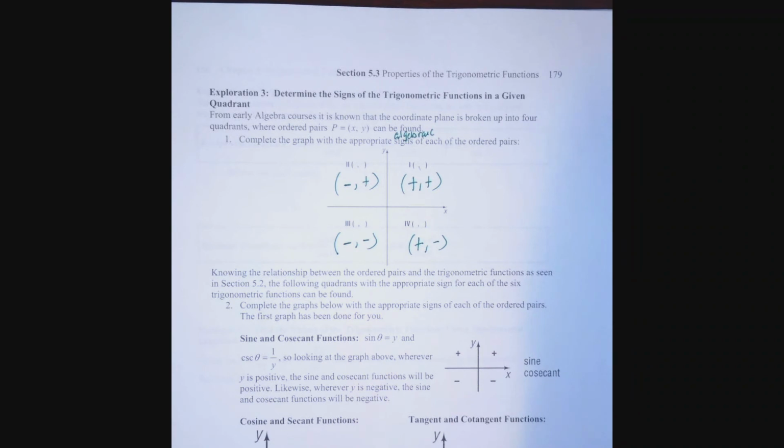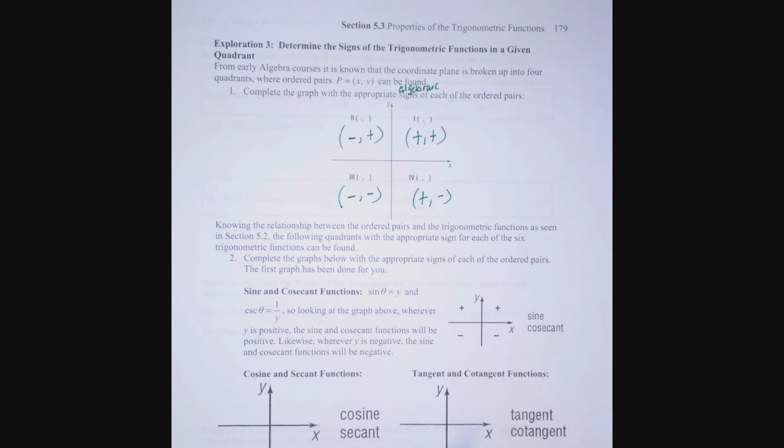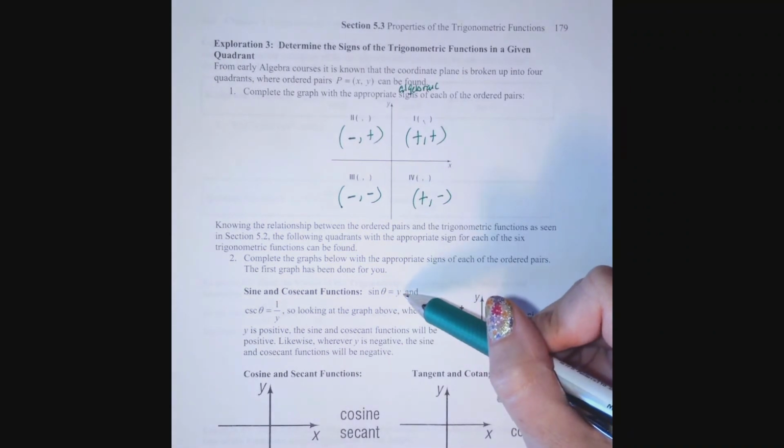Knowing the relationships between the ordered pairs and the trig functions as seen in the last section, we can find the appropriate sign for each of the trig functions. So we're going to pair them up and talk about where they go. We're going to start with sine and cosecant. If I'm on the unit circle, I just have y.